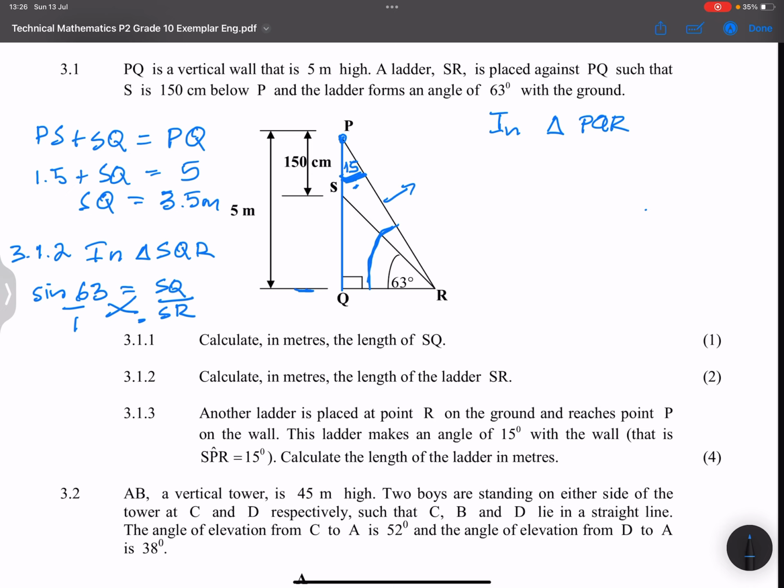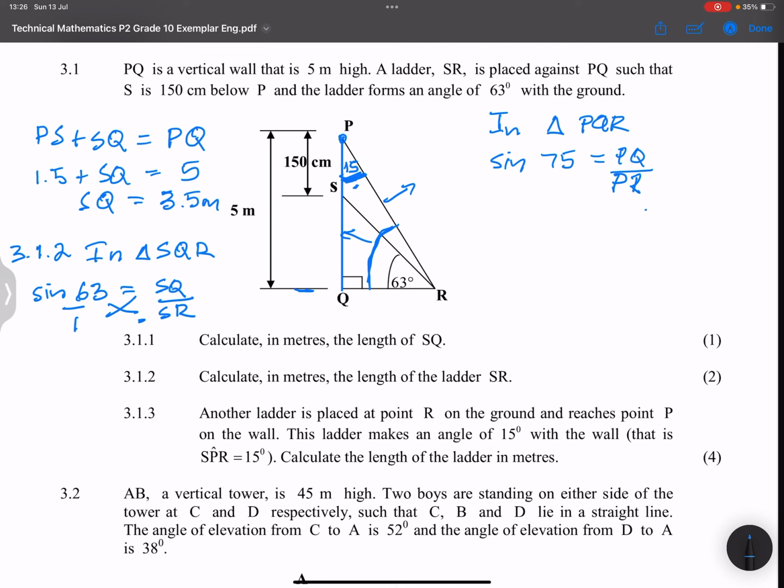You would have said the sine of 75 degrees would be equal to the opposite side. The opposite side to that is PQ, all right? And the hypotenuse is PR, which is our hypotenuse in that case.